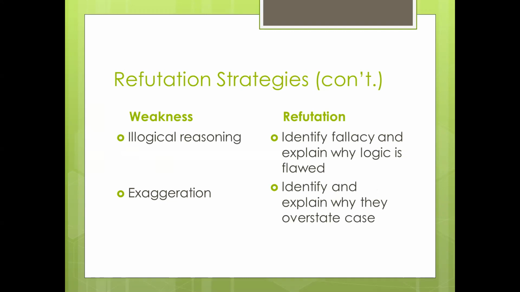If by chance, and this does happen on occasion when students are researching, you feel a source is good and it says exactly what you want to say, but you suspect there's some exaggeration at play, identify and explain why your source is overstating the case.